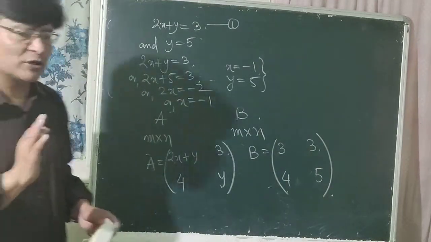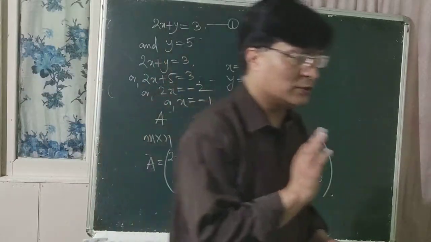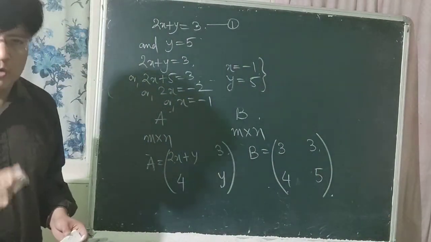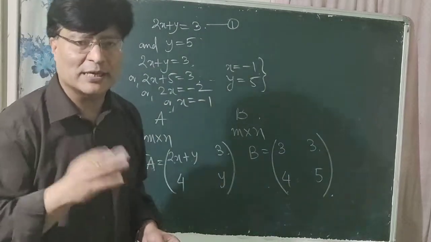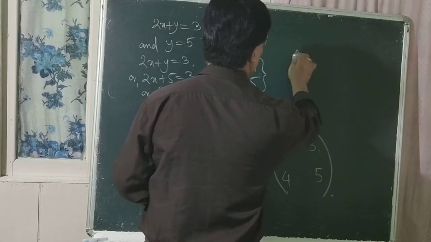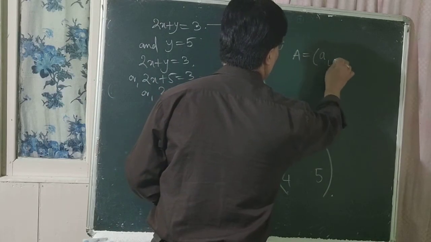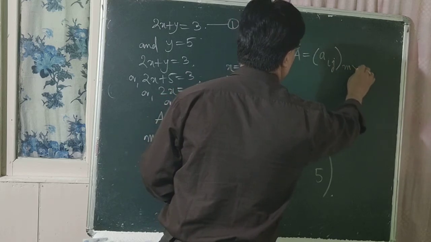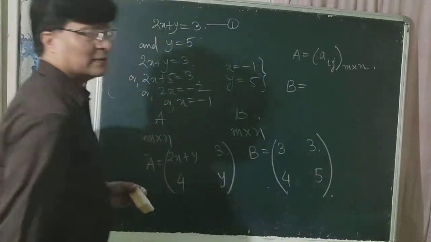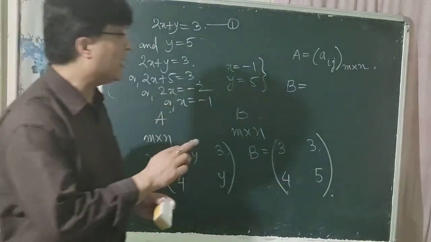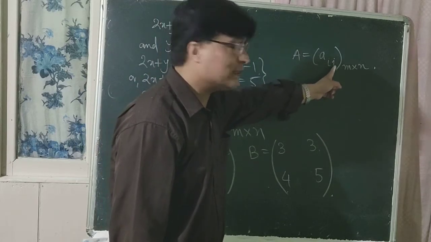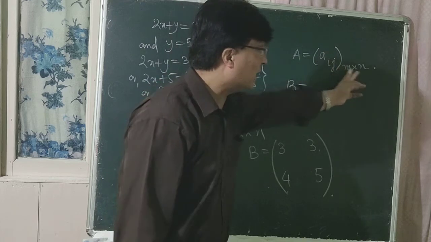So what is the definition of equality of two matrices? The two matrices A and B are said to be equal if they are of the same order and if their corresponding elements are also the same. We can generalize it: matrix A is a ij, that means ith row and jth column, and this is of order m cross n.